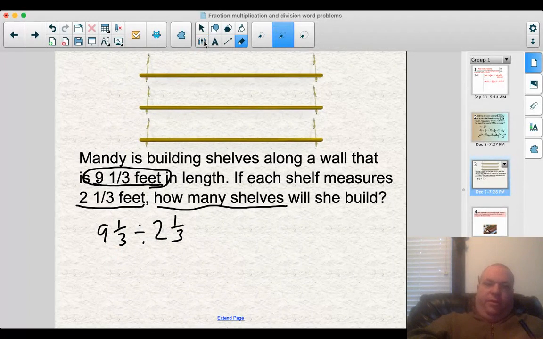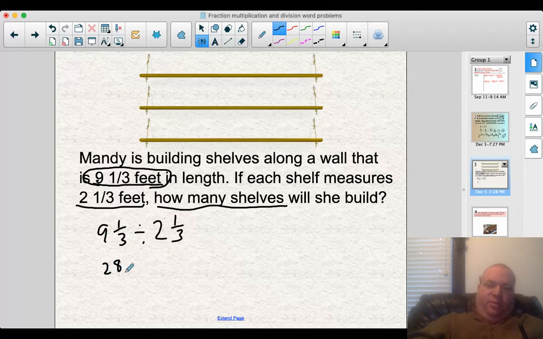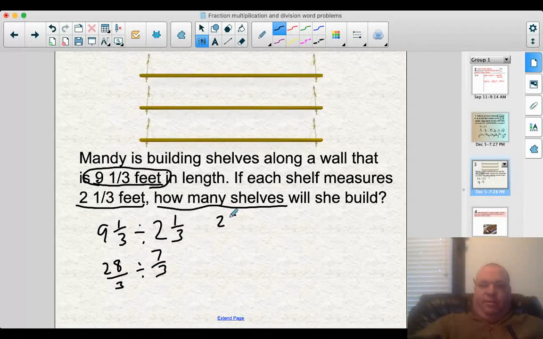So 9 1/3, I do 9 times 3 is 27, plus 1 is 28, so I got 28 thirds, divided by 2 times 3 is 6, plus 1 is 7, 7 thirds. Okay, so I'm going to turn this into a multiplication problem. I'm going to do my keep, change, flip. So I keep 28 thirds, change it to multiplication, and flip. 7 over 3 becomes 3 over 7. Remember, we always are flipping the second number.